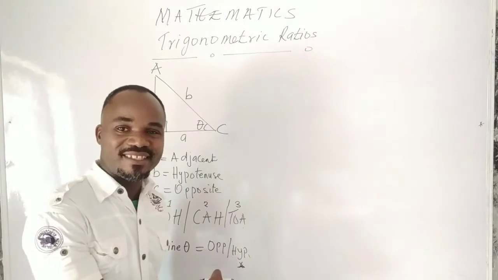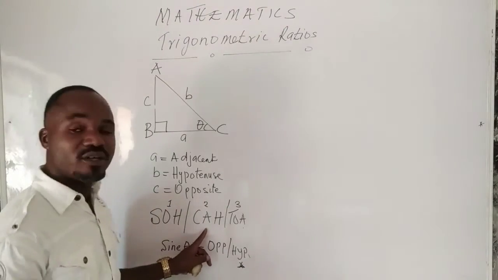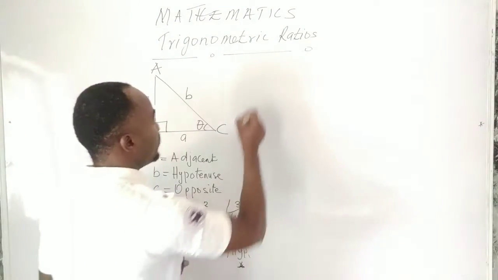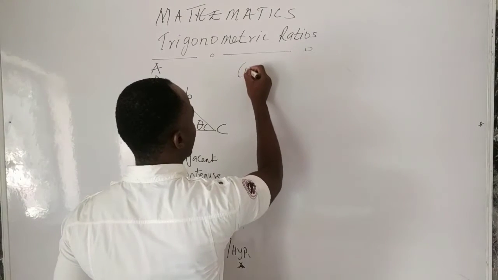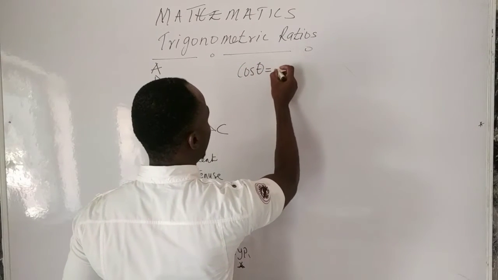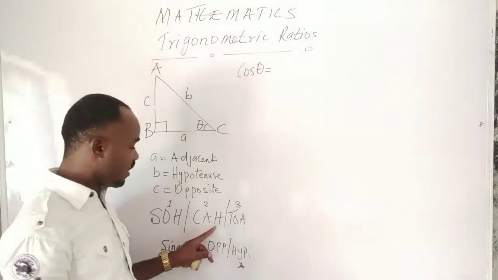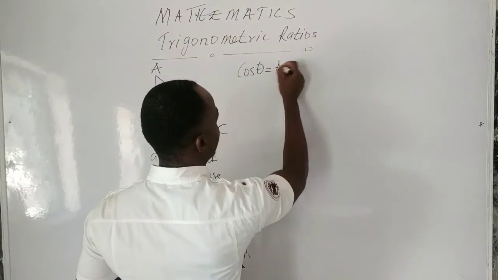Once we get this, the next thing we consider is the second one, which is cos theta. Cos theta is given as adjacent over hypotenuse.